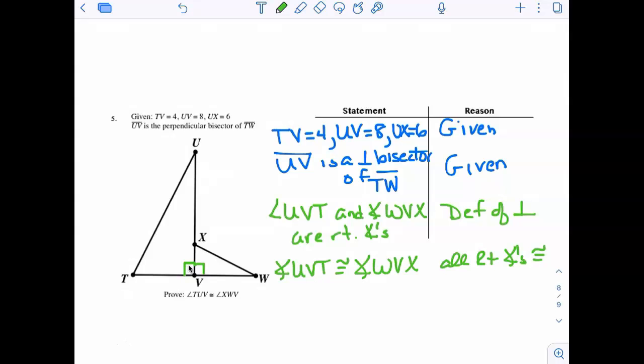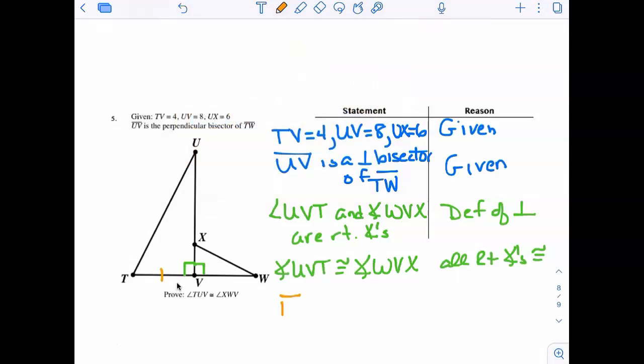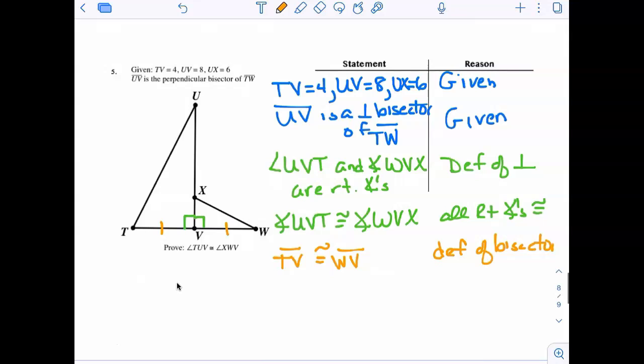Okay, so also when we're told something's a perpendicular bisector, then we know that it bisects that segment into two equal pieces. So therefore we know that segment TV is going to be congruent to segment WV, and that would be by definition of bisector. Now we need to use this other information that we were given about the lengths of the sides.